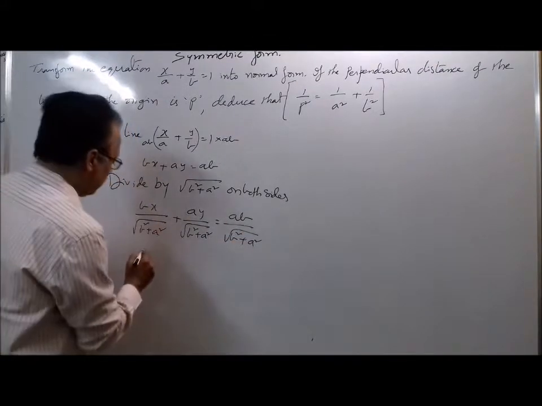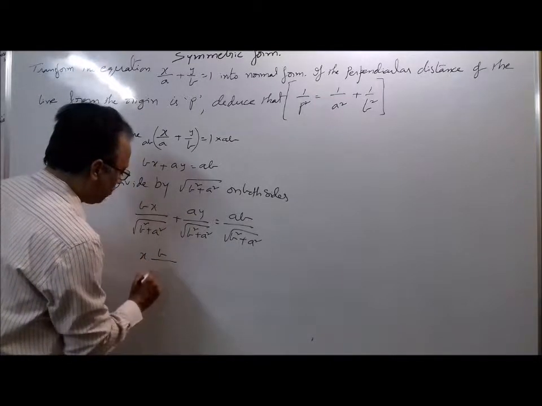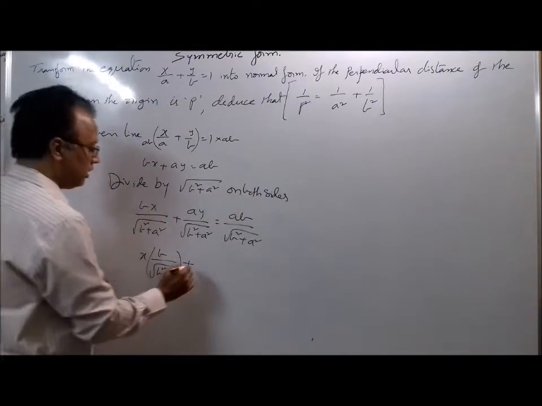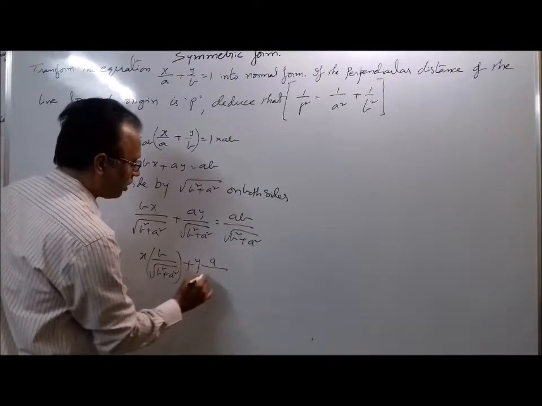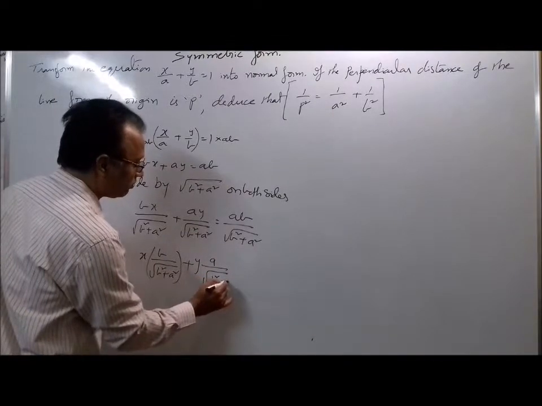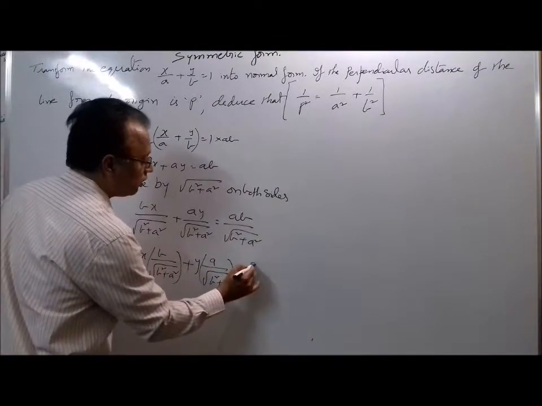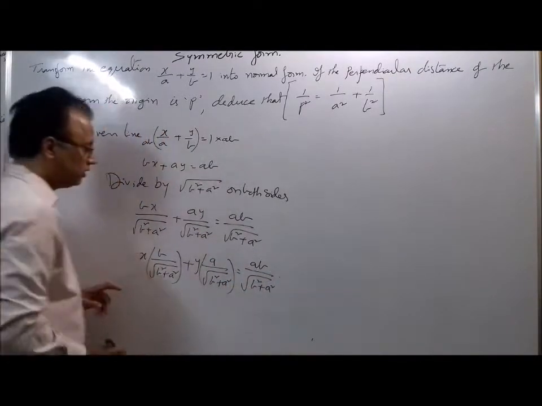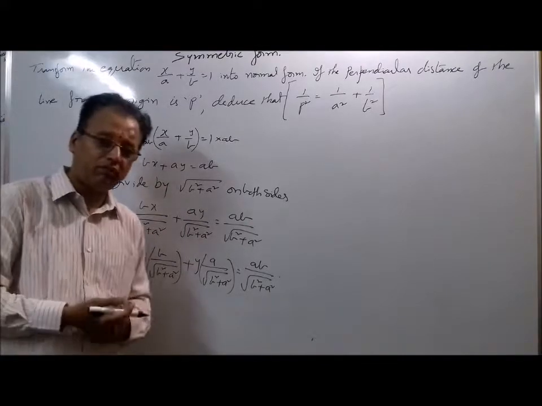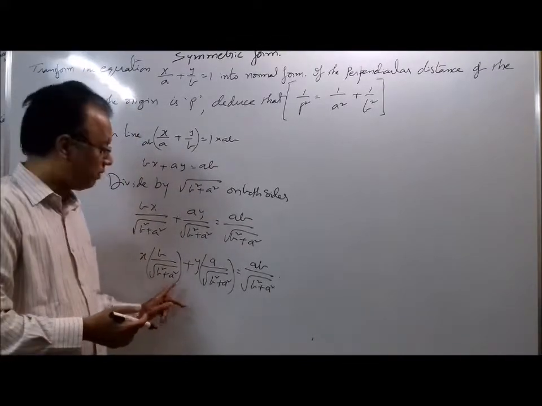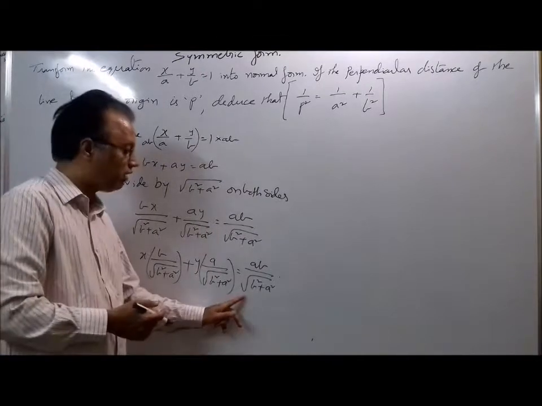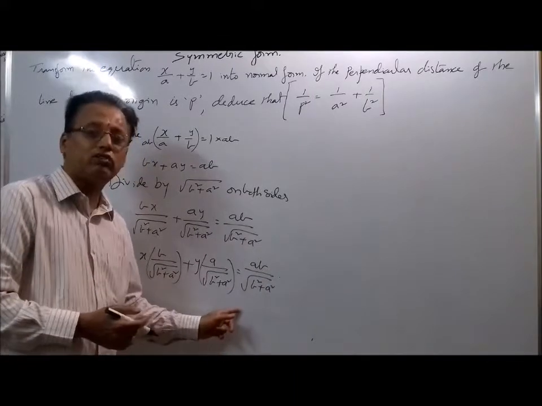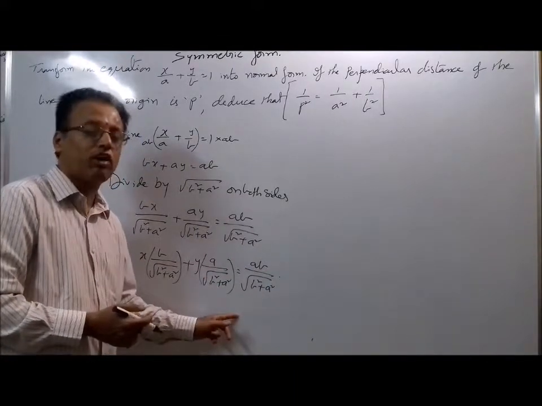This is xb by root of b square plus a square plus ya by under root of b square plus a square is equal to ab by under root of b square plus a square. This is in the normal form. What normal form? x cos alpha plus y sin alpha is equal to p, where alpha is the angle of the normal and p is the length of the normal, or distance of the line from the origin.